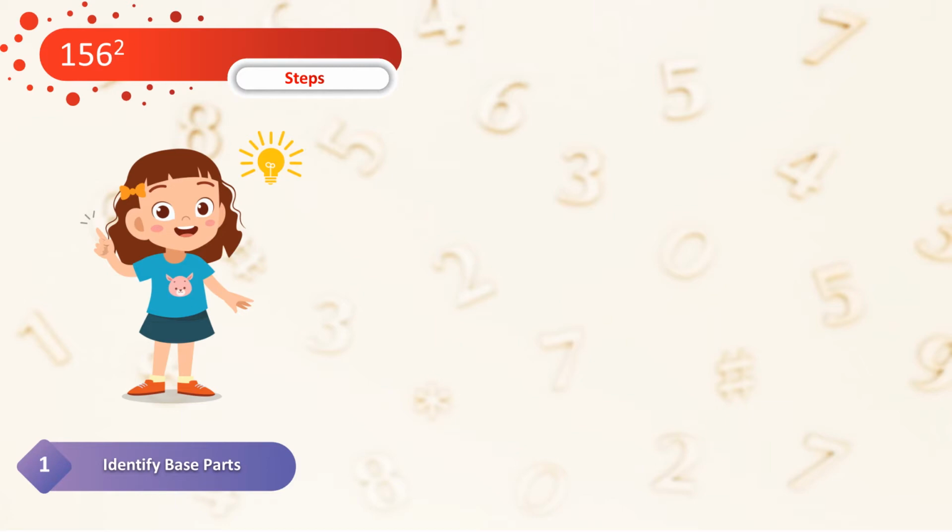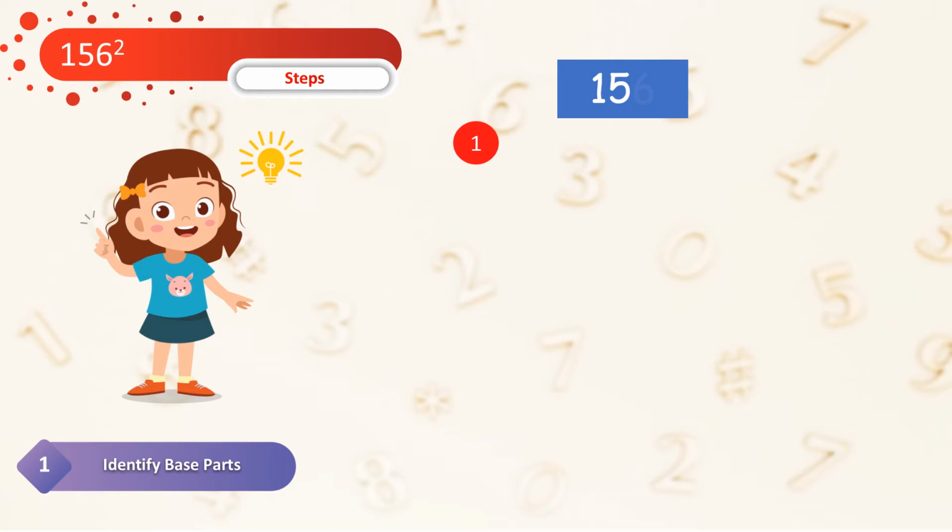So in step 1, we are going to identify 2 parts of 156 which we will be using in steps 2 and 3. It will be clear in a minute. Take the number 156 and for a moment ignore the unit digit. Just take the 100th and the 10th digit, which is 15.